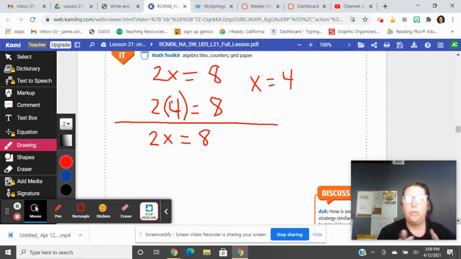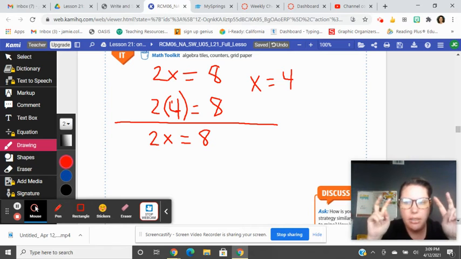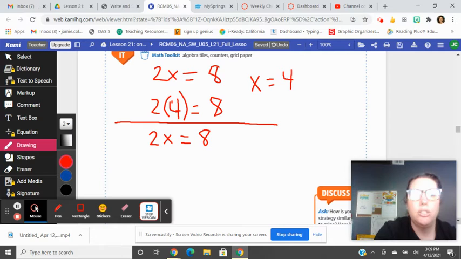If you watched the Edpuzzle video from Monday's assignment, I can do my inverse operation. Inverse operation, math lingo here, is the opposite, right? So if we are multiplying 2 times x, instead we're going to divide. I'm now going to divide by 2.